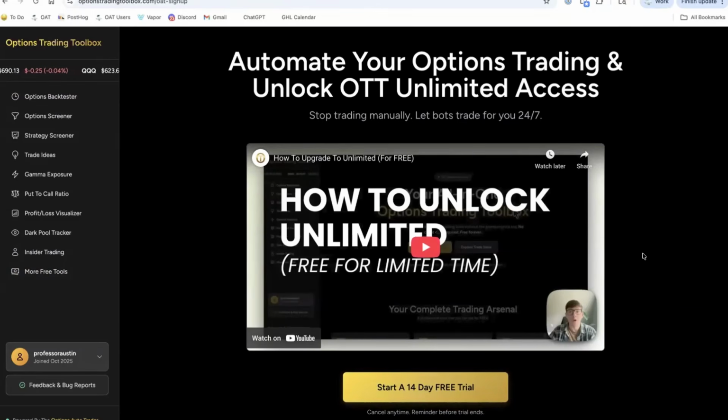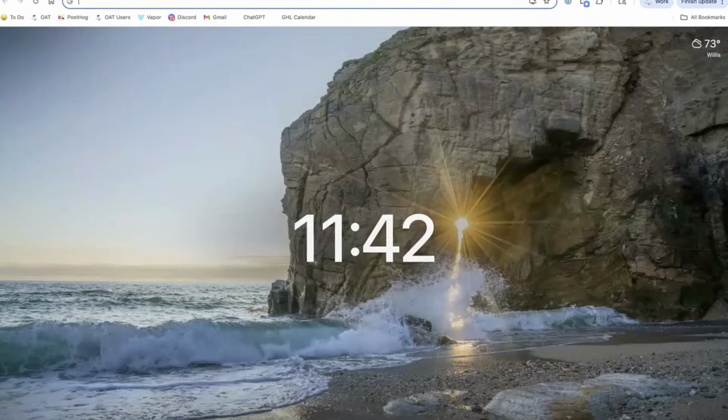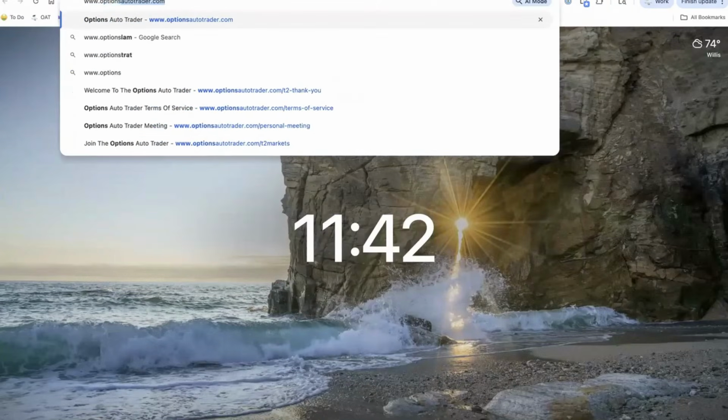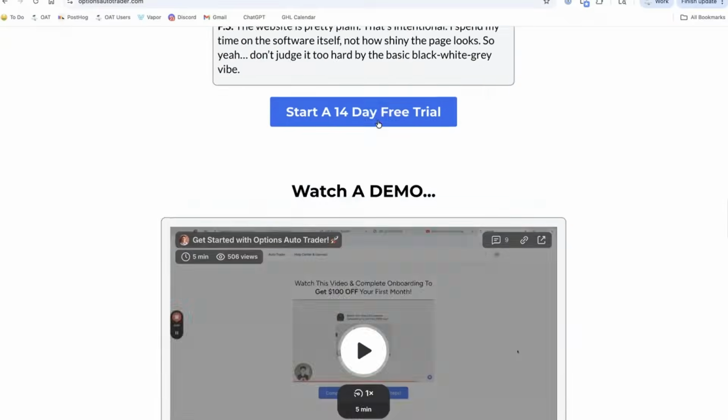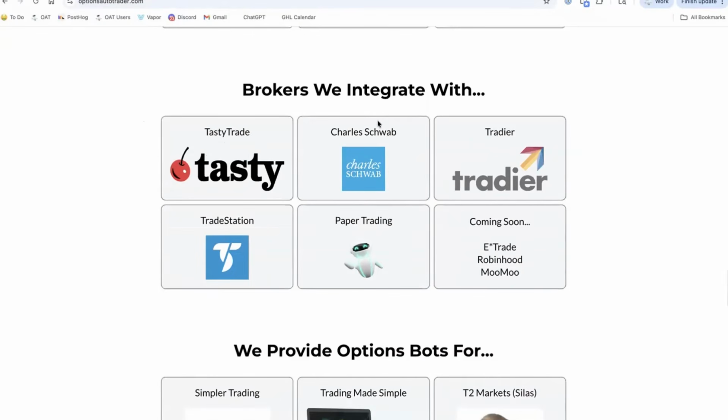Todd Doodley says, which broker companies work with the Options Auto Trader? Great question. We have a lot of them and we have more coming. That's my next project, is adding more brokers. But if you go to www.optionsautotrader.com, you can watch a demo of it. You can also see we connect to Tastytrade, Charles Schwab, Tradier, TradeStation, and we have our own paper trading.